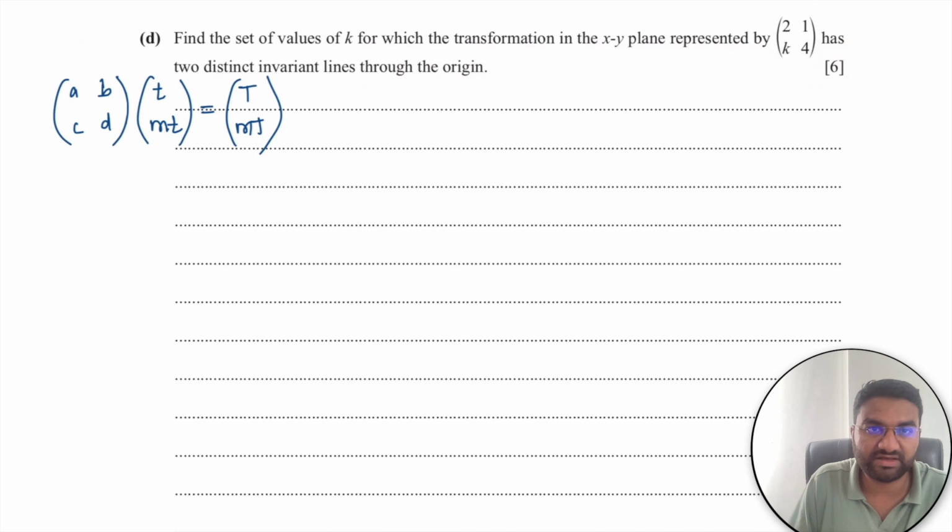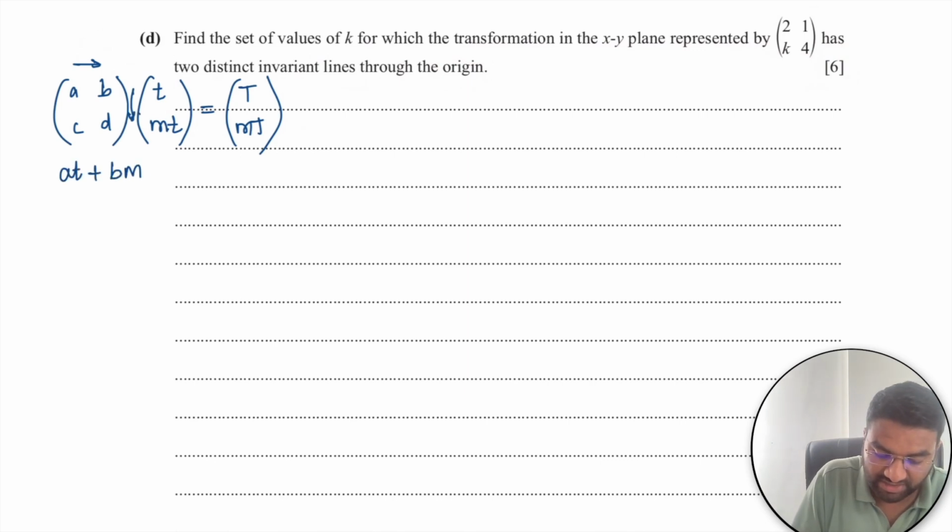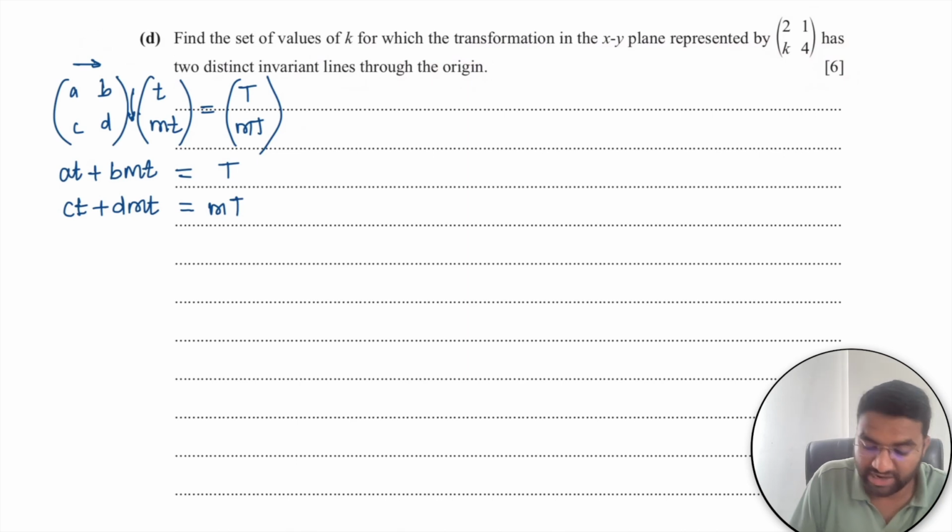If you take the multiplication of these two on the left hand side, horizontal times vertical, we will get at plus bmt is equal to capital T, and ct plus dmt is equal to m capital T. Now you have to take the ratio of equations 1 and 2.